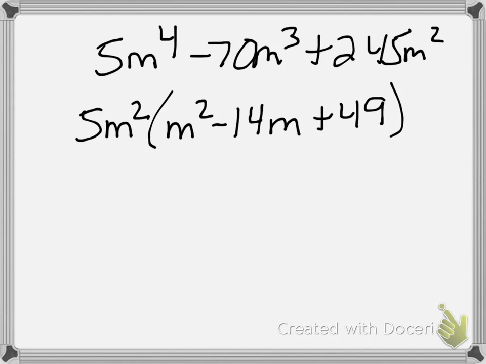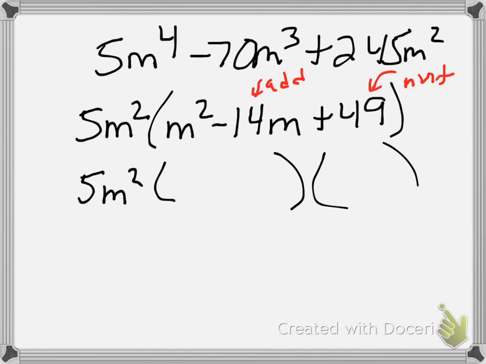I just got to find the two numbers that are going to multiply to this one but add to this one when I go through and write my factors. So I get 5m squared, and because it's just m squared, it's m and m. I gotta find two numbers that are going to multiply to positive 49 but add to negative 14, so hopefully you see those as negative 7 and negative 7, which should be your true factored form.